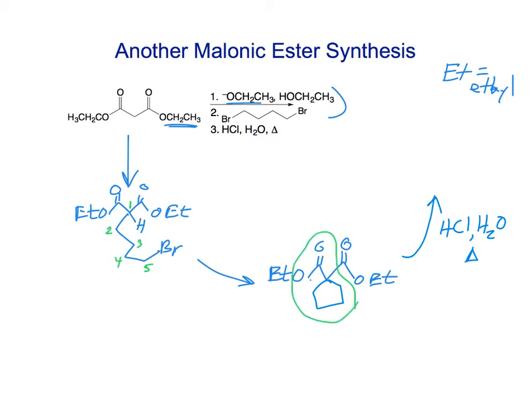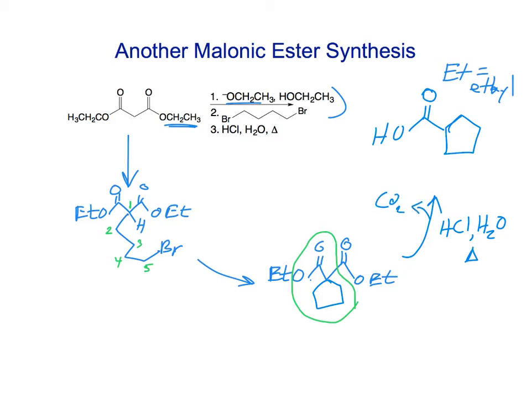The ethoxy groups get hydrolyzed off to make the dicarboxylic acid, and then we lose CO2, and so we are going to get this.